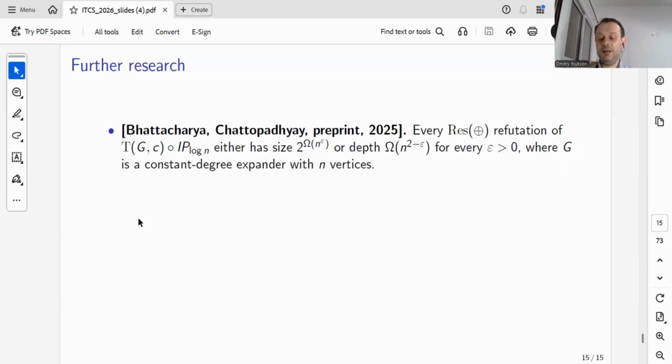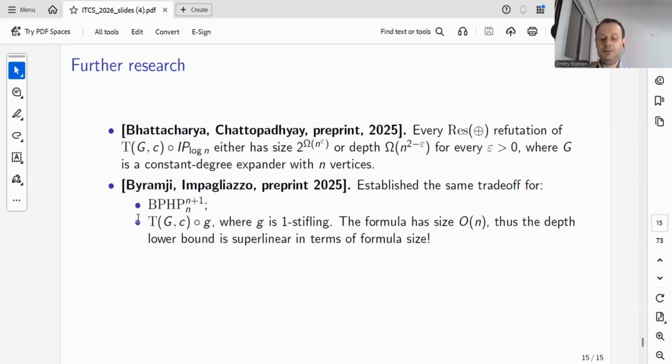First, Bhattacharya and Chattopadhyay proved that the Itsykson formula lifted by the IP gadget over log n bits requires resolution over parity refutation of size at least 2 to the n to the epsilon, or depth at least n to the 2 minus epsilon. Then Bayramji and Palyatser proved the same trade-off for the binary pigeonhole principle, a formula with a clear combinatorial meaning, and also for the lifted Itsykson formula with a one-stifling gadget.